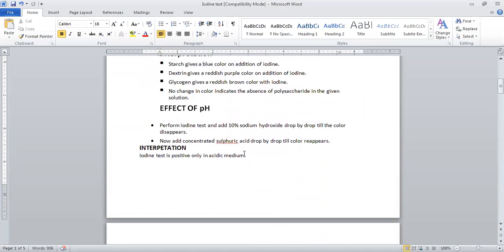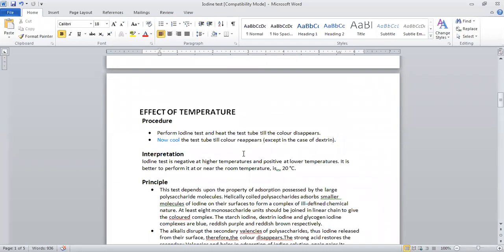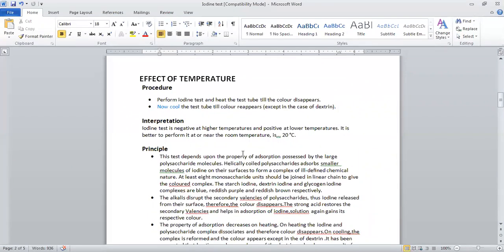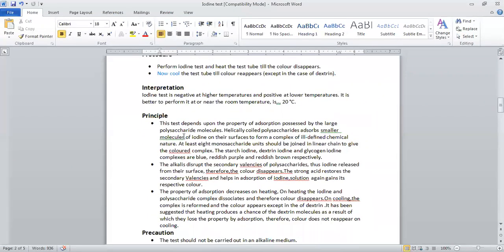Now we need to discuss the principle of this test. What is the chemistry of this test? This test depends upon the property of adsorption. What is adsorption? Adsorption means substances just stay on the surface.